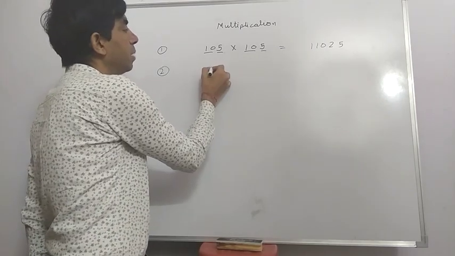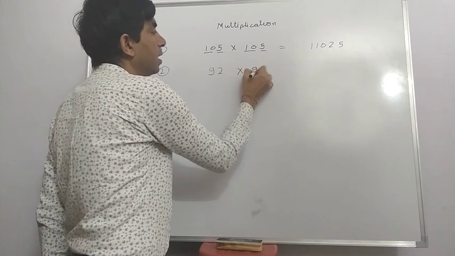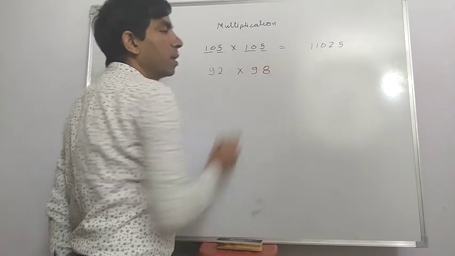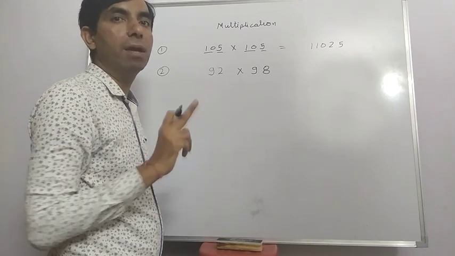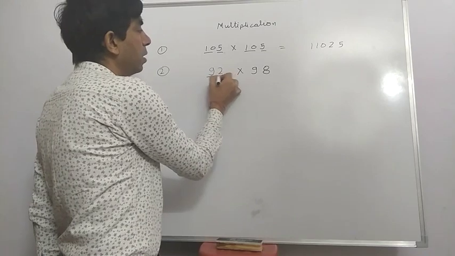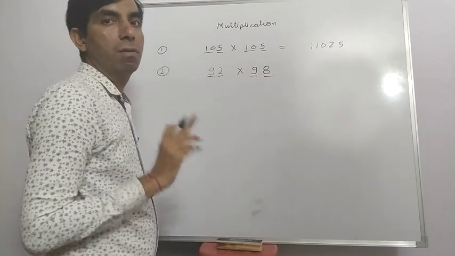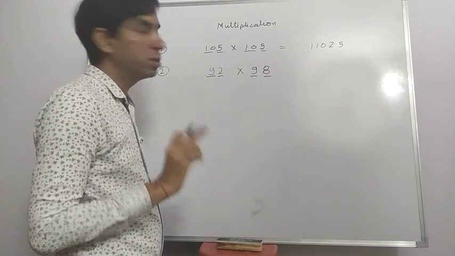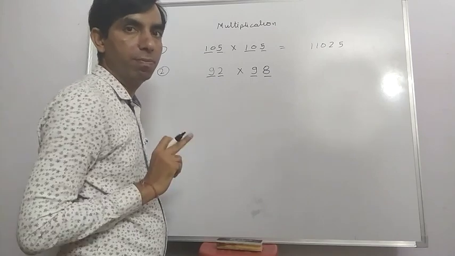If we multiply 92 multiply 98, again in this system we always divide the number into parts. 9 2, 9 8. In dividing we follow the rule that the first part is always the same in this system.